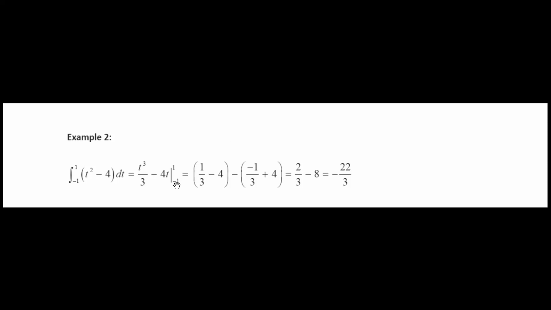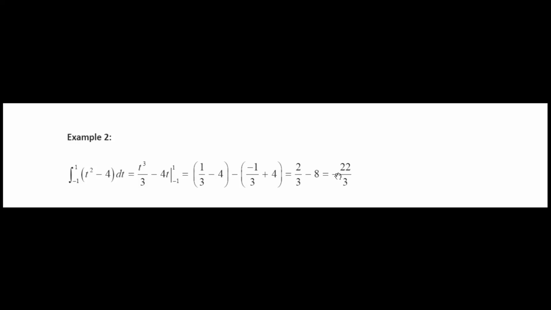And so what we're going to do is put 1 in the place of t, and when we do, we get 1/3 minus 4, and then we're going to put -1 in the place of t, and we get -1/3 plus 4, and then we're going to take the difference of these two, and this is going to give us the 2/3 minus 8, which is -22/3.